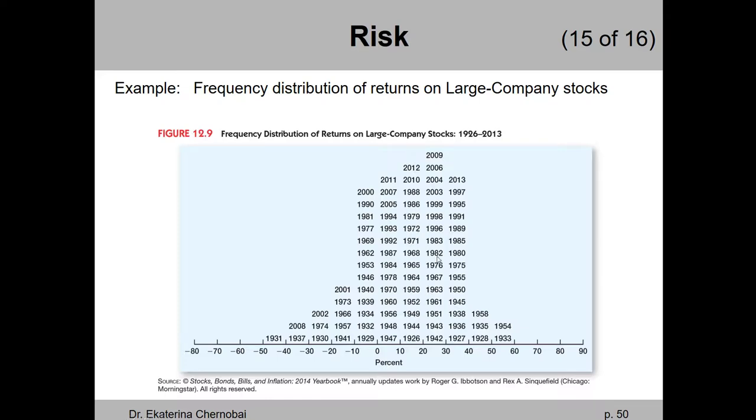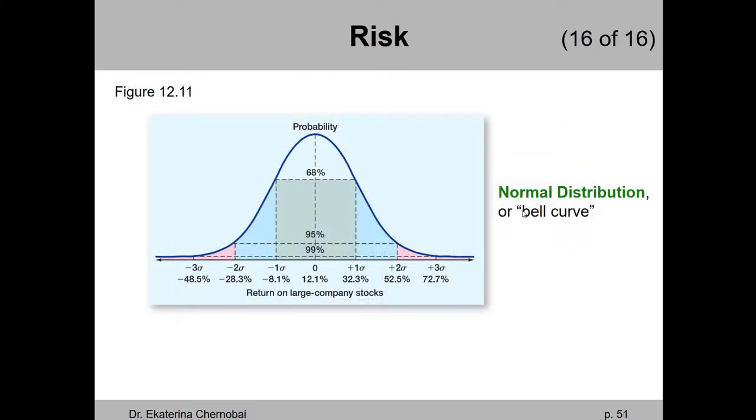That's how it's built. Now let's simplify it. First, what does it look like? It looks like what we call the bell curve. It smoothly goes up and then goes down. That's what the normal distribution looks like.